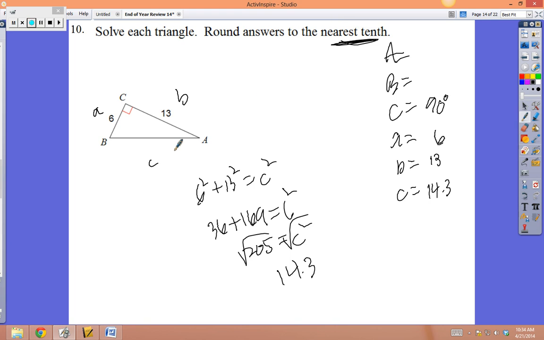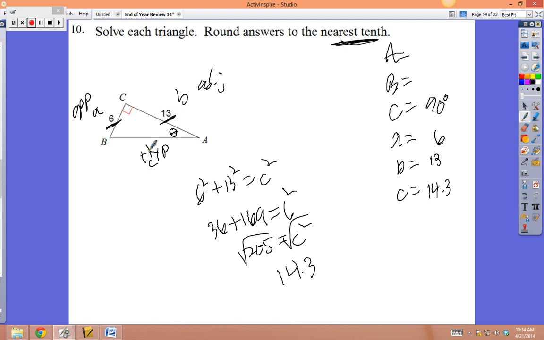Okay, now the only way to figure out the angles is we've got to use the trig. So let's put theta right here. If you put theta at A, that means this is your opposite, this is your adjacent, and this is going to be your hypotenuse. So now let's make a fraction with 6 and 13.